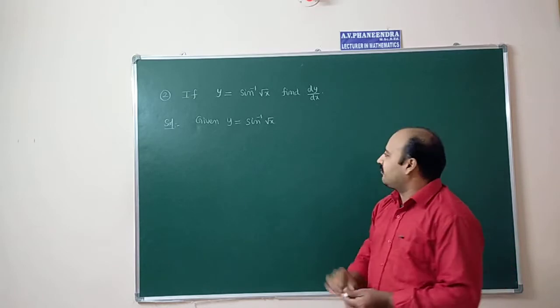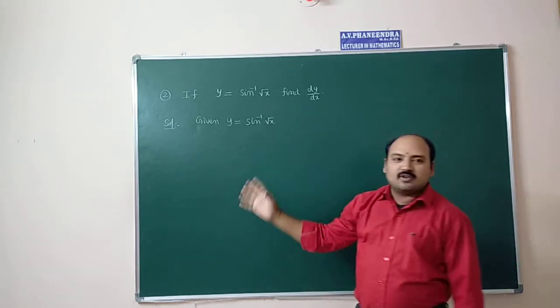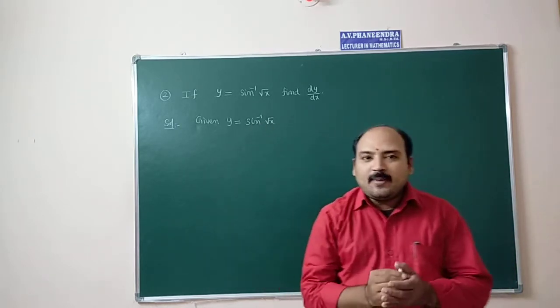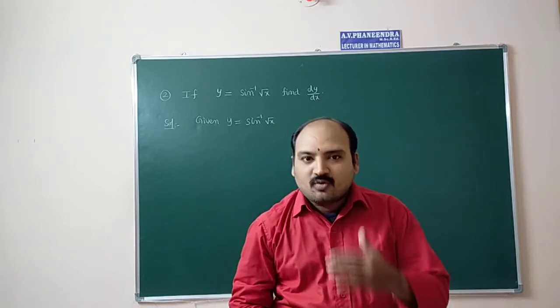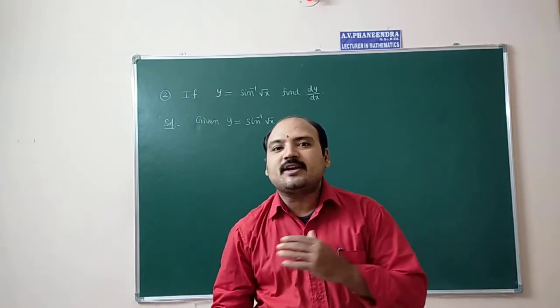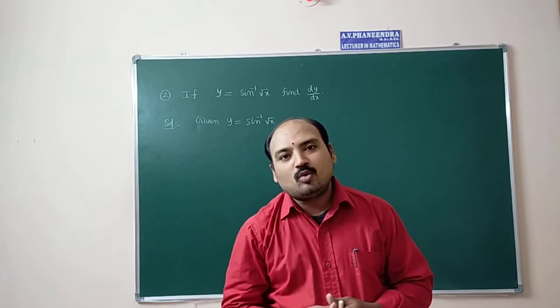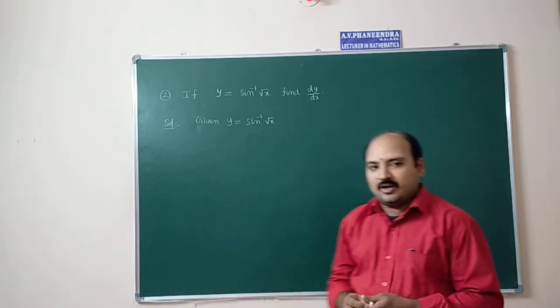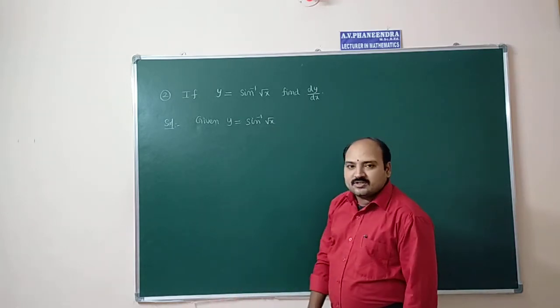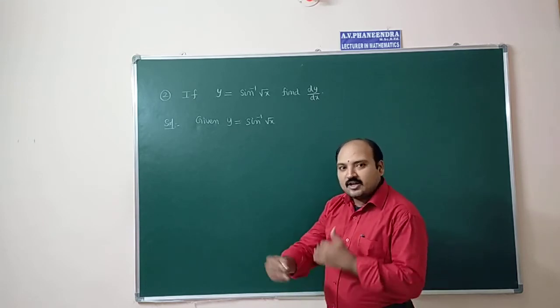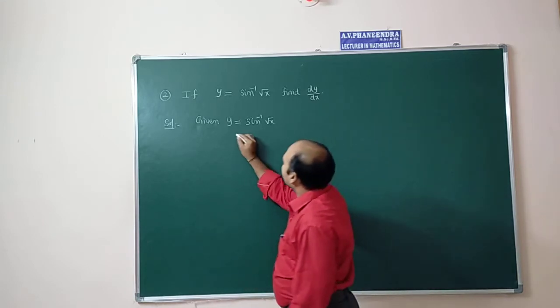First observe that the function is in the form of sine inverse of x. D by dx of sine inverse x is what? 1 by square root of 1 minus x square. In place of x, what value is there? Root x is there. Again that function you have to differentiate.